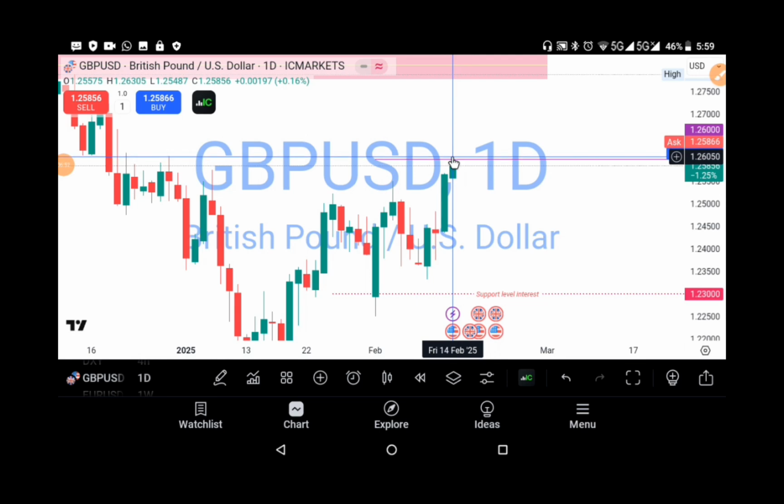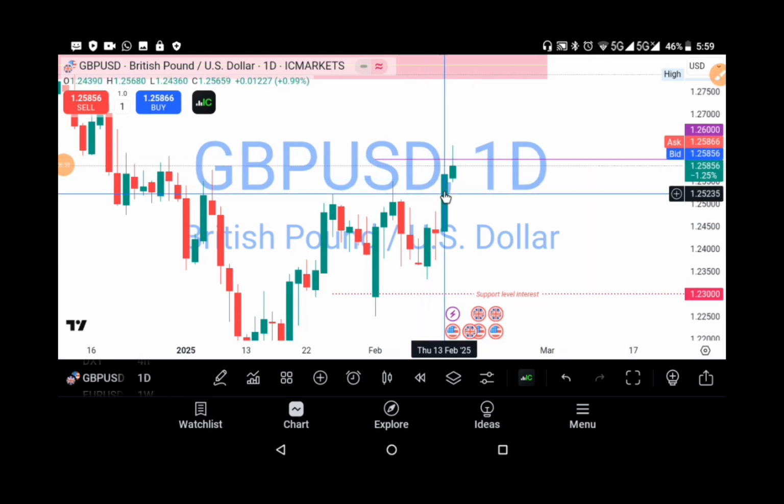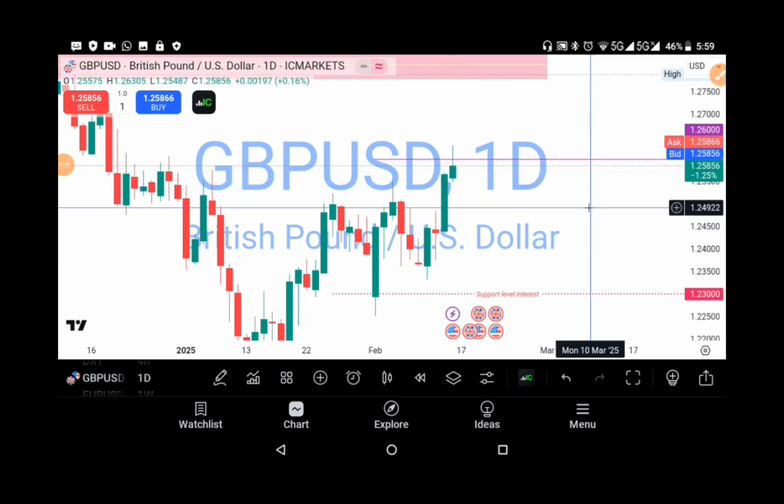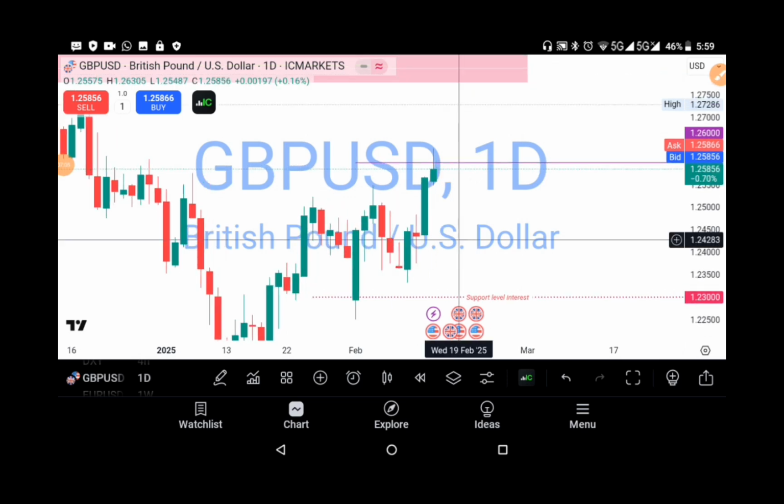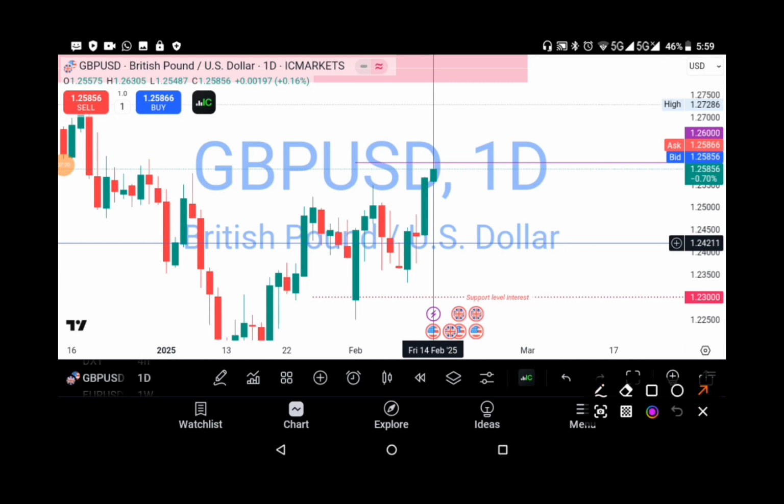The high of this candle that formed on Friday comes in at 1.26305.